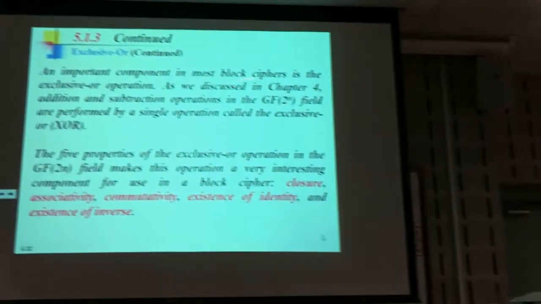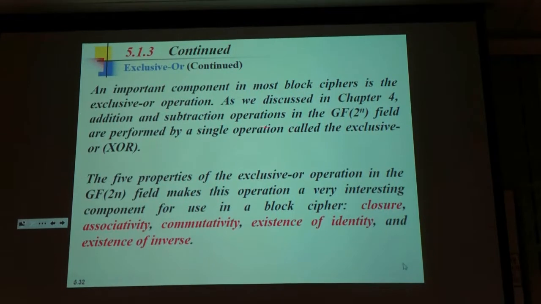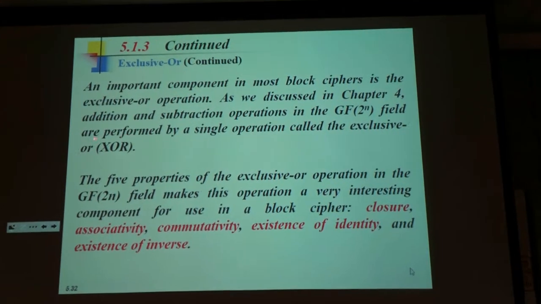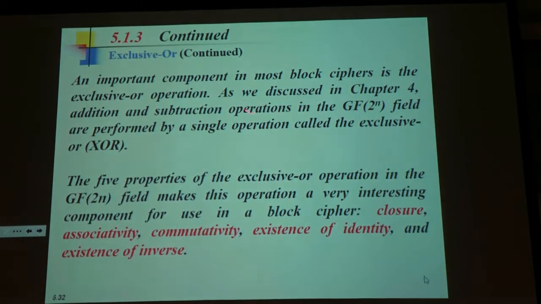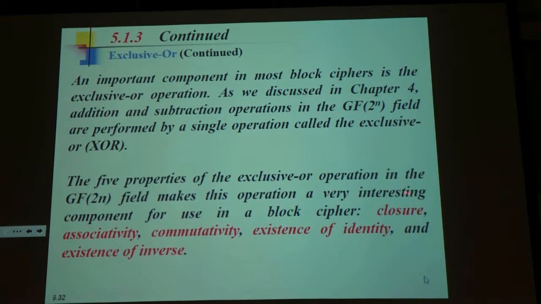An important component in most block ciphers is the XOR operation, as we discussed in chapter 4. Addition and subtraction operations in the GF(2^n) field are performed by a single operation called exclusive OR. The 5 properties of the exclusive OR operation in the GF(2^n) field are there. So there's closure, you know what closure is?